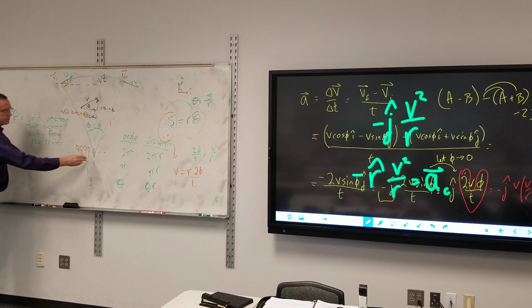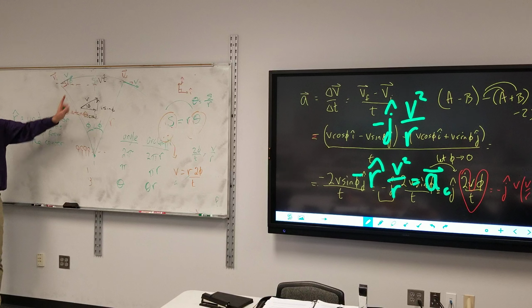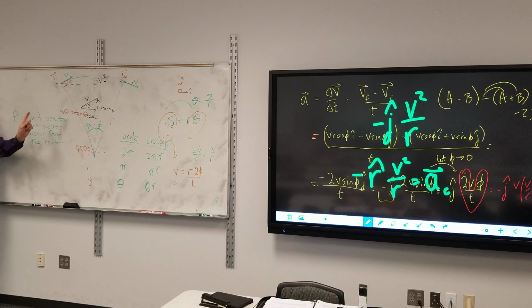So in this case, the center is right there. R hat would be a vector pointing away. Negative means the opposite direction, towards. Questions here? So negative r hat means a unit vector that points towards the center.